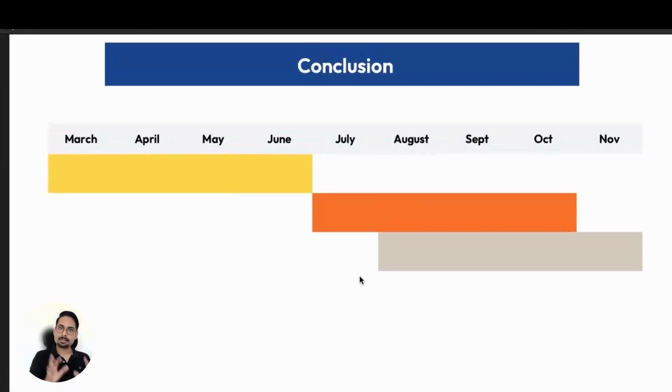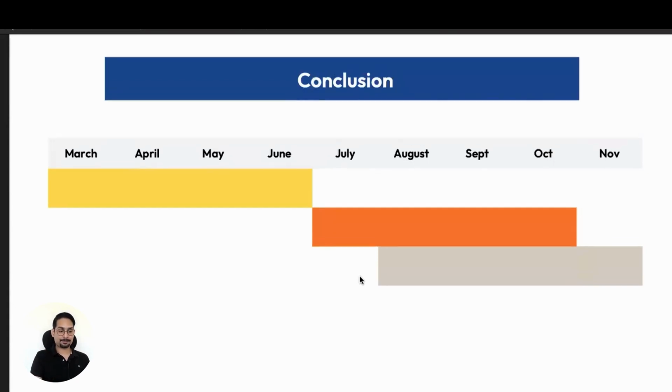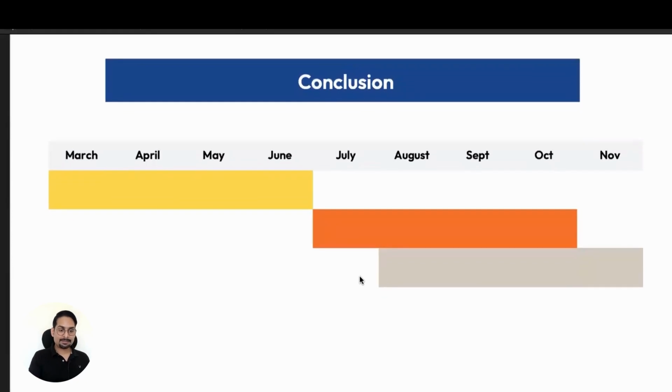So I hope you got a basic idea about how to prepare your calendar, how to make your own plan of studies for the next 9 months for CAT preparation. Okay. Now, apart from this, we are coming up with a full preparation course for the CAT exam for this 9-month preparation.